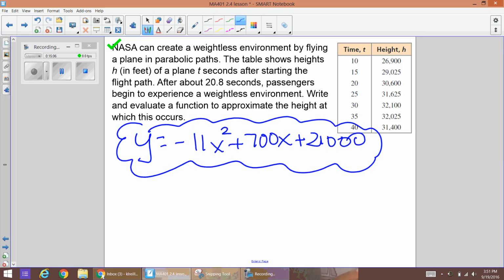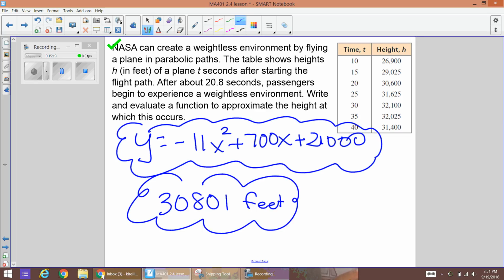Okay, and I got that the height is 30,800, and that's going to round up to 1 feet. Now we could also do this by storing the x value. So going 20.8 and then pressing the STO button and then the X button and enter, but I can do it that way also. All right, I hope you learned something and I hope you're having a good day.